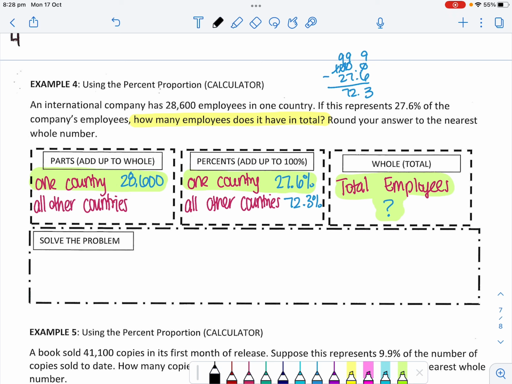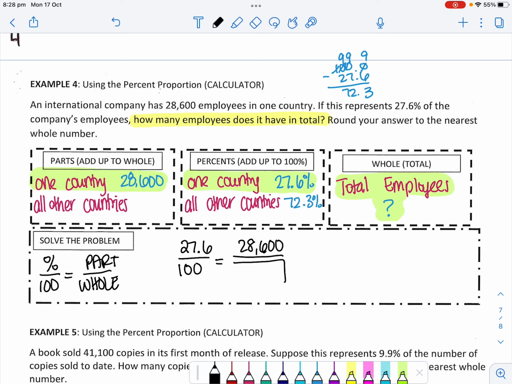And when I set up my percent proportion, percent over 100 is equal to part over whole. I'm going to have 27.6 over 100. Again, the percent goes directly over 100. I don't need to change anything about it. Is equal to 28,600. And then I'm trying to find what goes in this box.